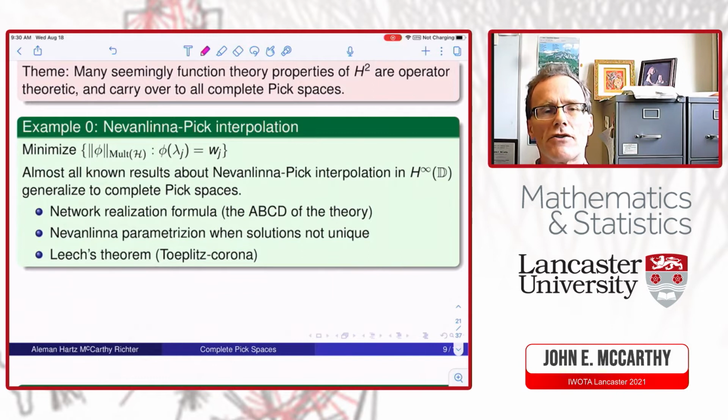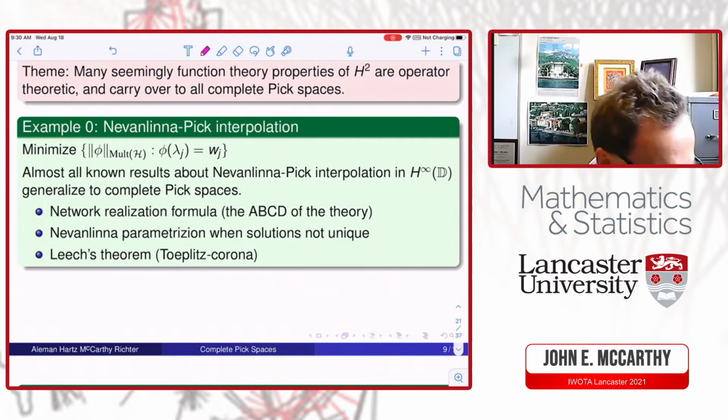And Leech's theorem, which used to be called the Toeplitz-Corona theorem until somebody discovered that Leech had proved this in the 60s and nobody would publish it because it wasn't sufficiently useful.